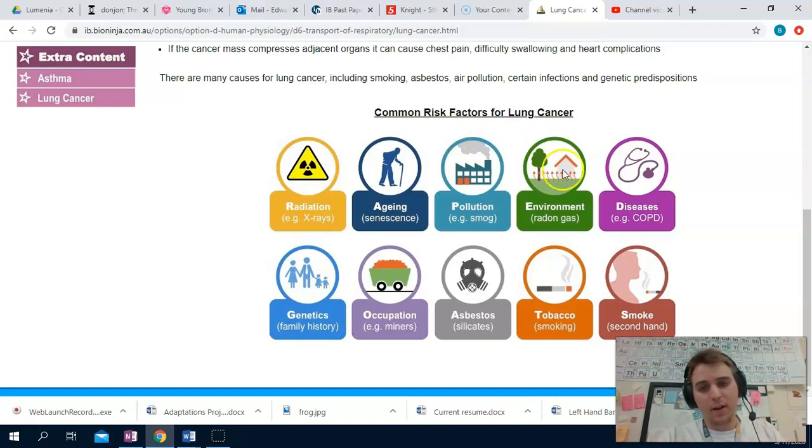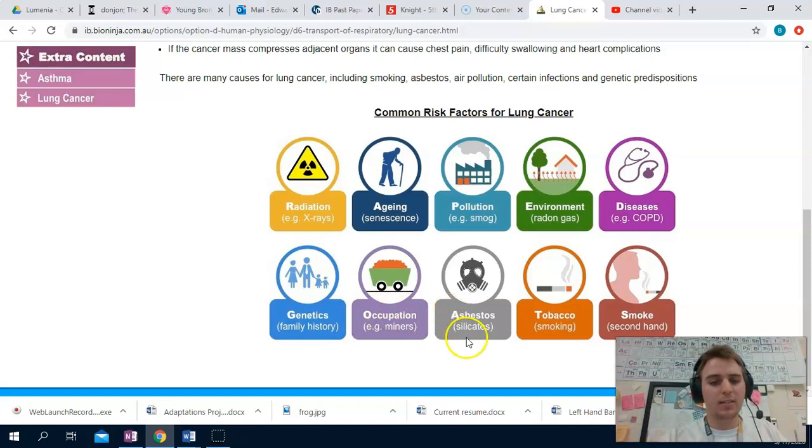If you live in an area with apparently a lot of radon gas, please don't. If you've got different diseases, like if you are already suffering from COPD, then you're more likely to get lung cancer. Genetics, if your mom had lung cancer, you are more likely to. Occupation, if you're taking in a lot of smoke or pollutants into your lungs, more likely.